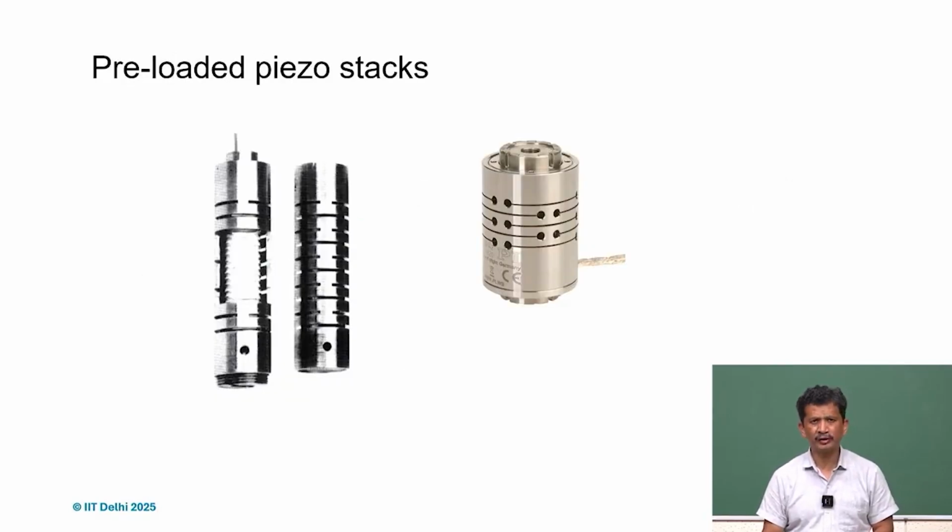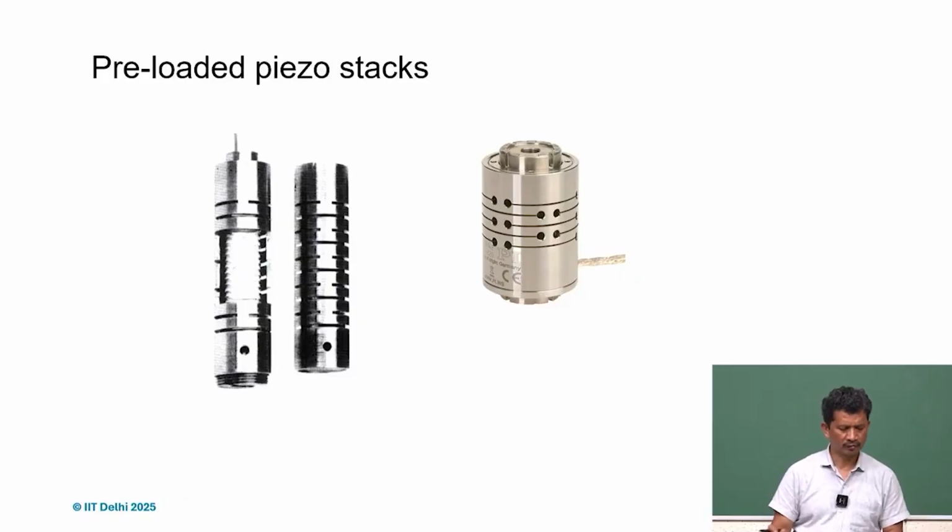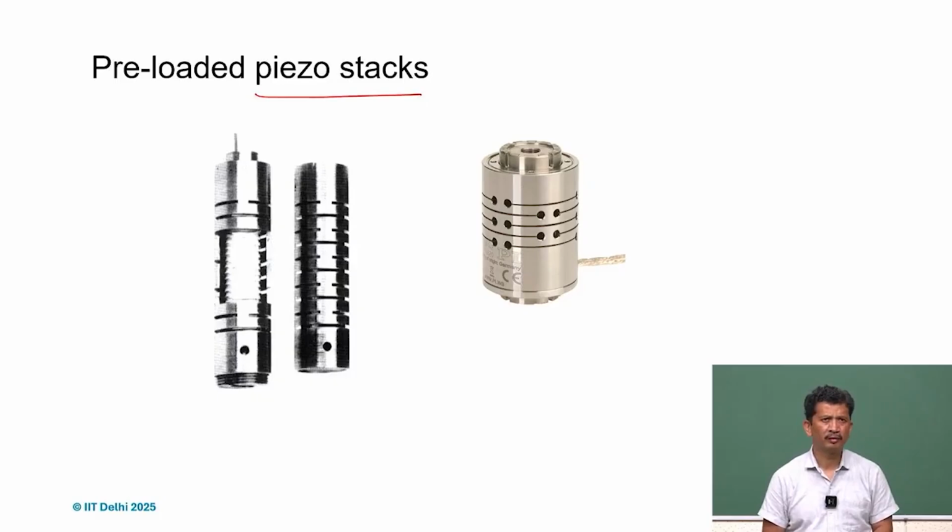So a very good application is for making piezo stacks. If you are aware, you know that for piezo materials it's very important to have preloading to get rid of hysteresis.